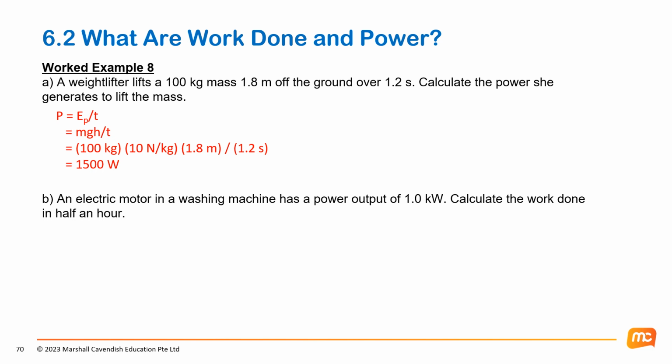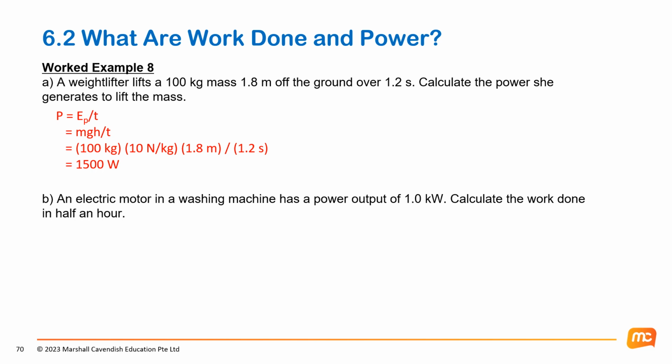When you're lifting the weight, you have the energy in the gravitational potential store, so we use our formula from the previous part of this chapter, mgh. Substitute our values in there, 100 kilograms, 10 newtons per kg, and 1.8 meters, and then we divide straight away by the time that she takes. This gives us our answer of 1500 watts.